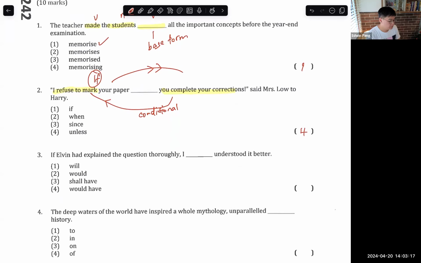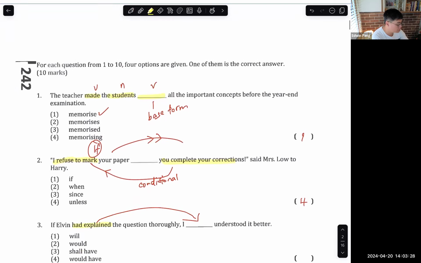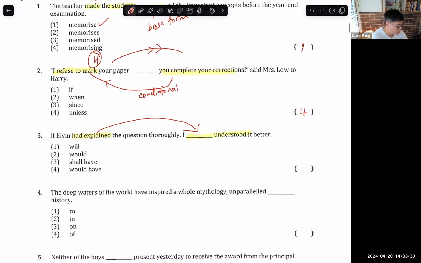Number 3, if Alvin had explained the question thoroughly, here I'm looking at a 2-verb structure, and then I'm stretching this over to the response here. Therefore, this response should follow the 3-verb structure. Remember the pattern, 2 is to 3. So in this case, I should discount all verbs that have only one additional verb tagged onto it. It's either "shall have" or "would have".